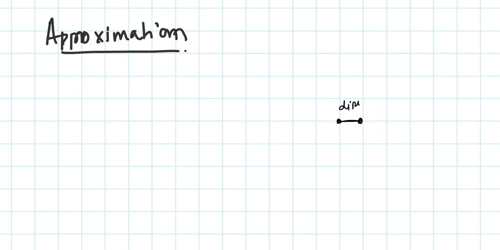We have a very small dipole, and the point P at which we are going to evaluate the electric field is very far away from the dipole center.